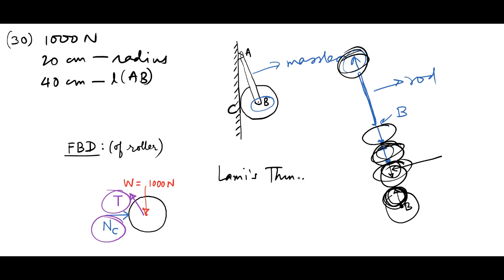To do that, we have to draw the forces so that they originate at the same point. So that's the normal reaction coming from the wall, and that's the force of tension, and finally we have the weight W. Now this is given to be 1000 newtons, and we want to find the remaining two forces.